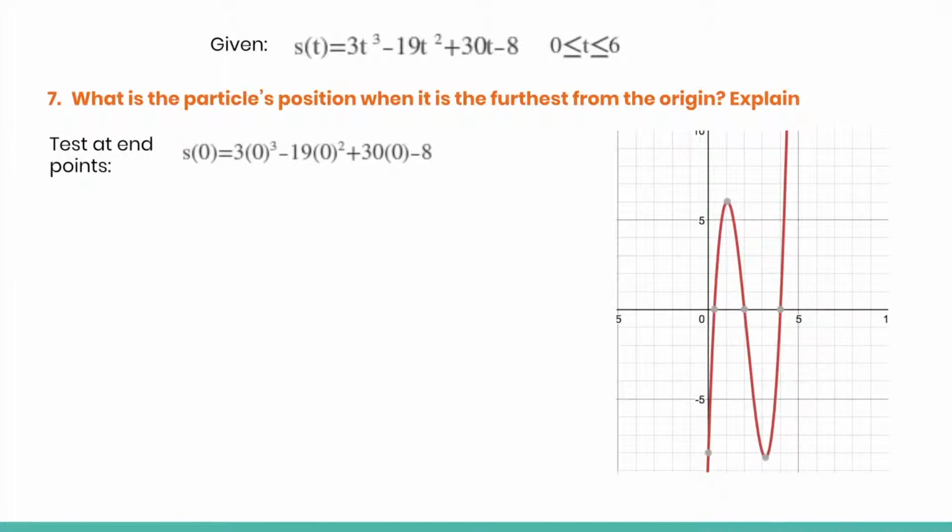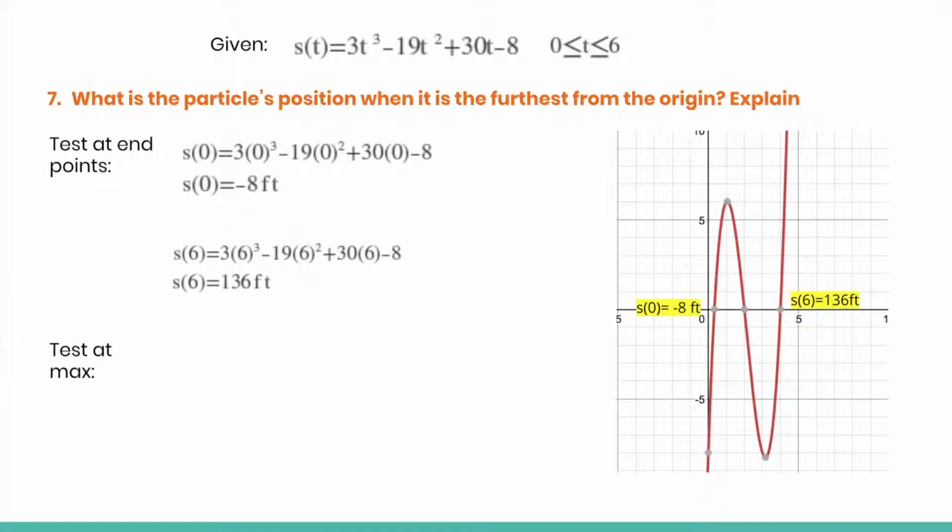Plugging 0 into the position function gives negative 8 feet. Plugging in 6, you get S of 6 is 136 feet. Then you're going to test the maximum and minimum.